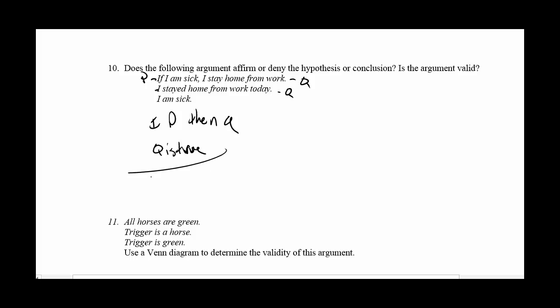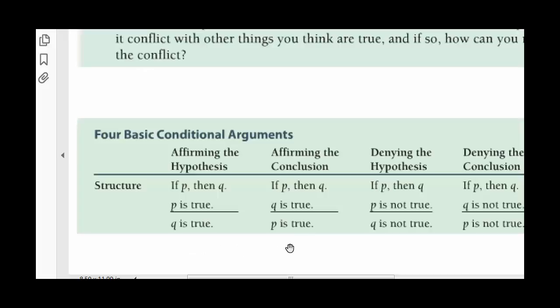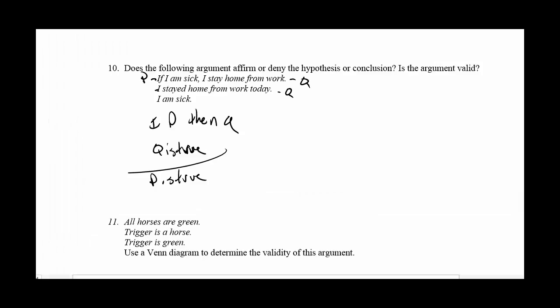So my conclusion is P is true. Now, let's go back to our chart and see what that is. So if P then Q, Q is true, P is true. Okay, so what we've done is we have affirmed the conclusion.